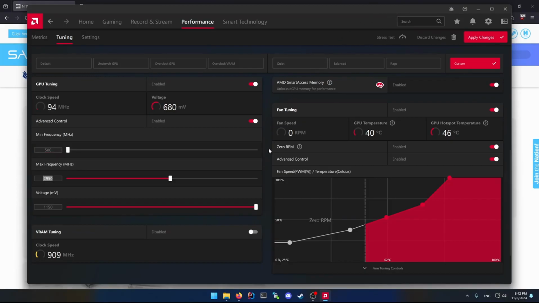So by my own logic, doing a small deduction, I think the AMD Adrenalin software is giving way too much overclocking headroom for the GPU, more than it's capable of doing in reality.